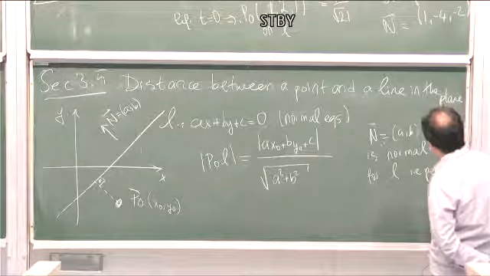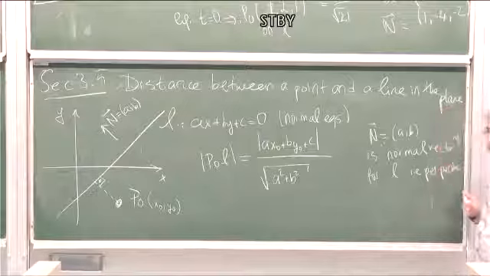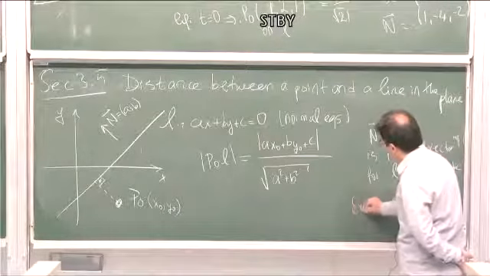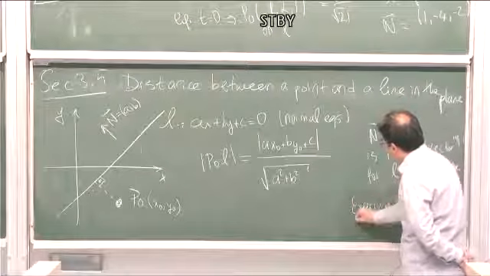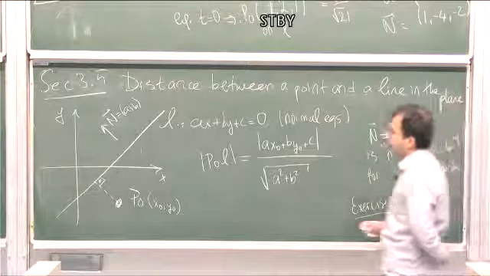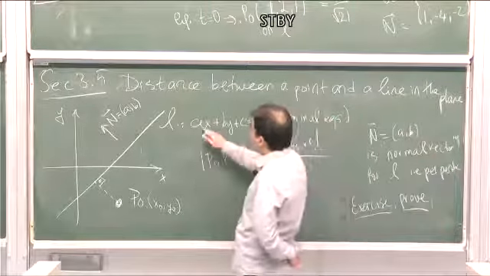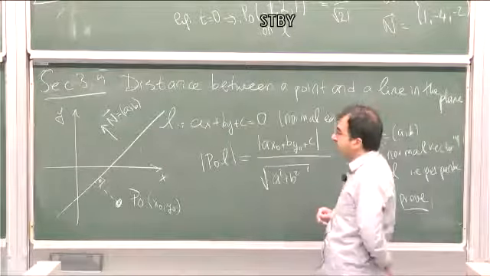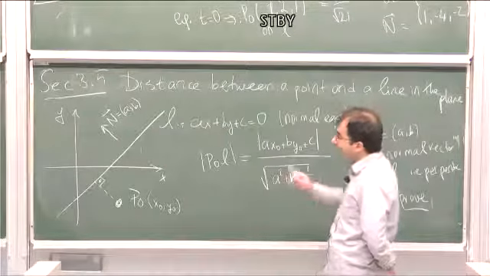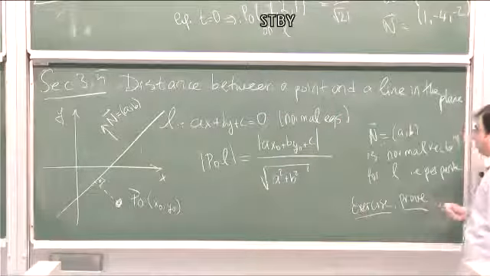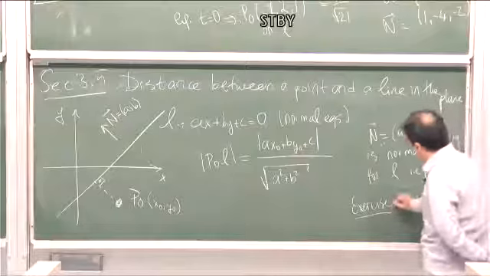I want you to prove this. Exercise 1: really see that in the plane, if you take these numbers in front of x and y, then the resulting vector n will be perpendicular to this line L.